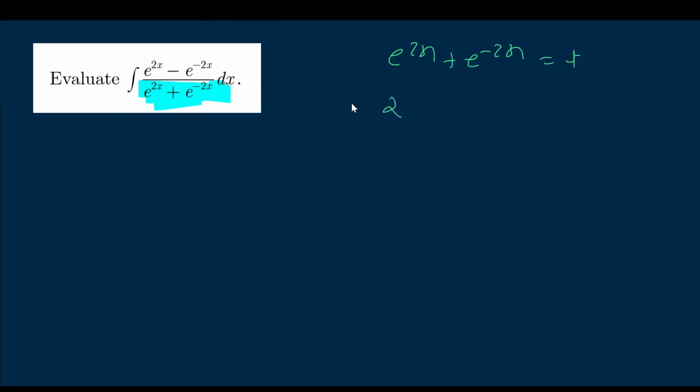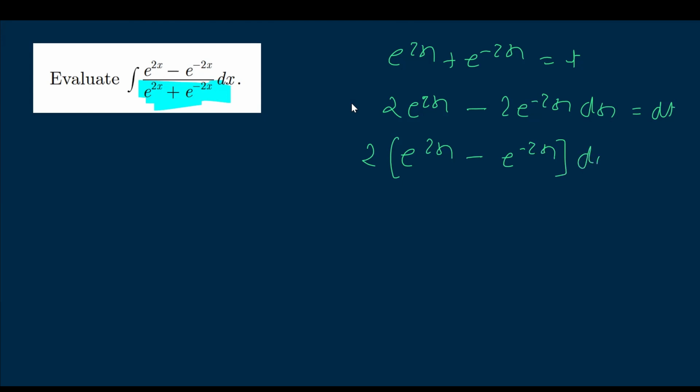Its differentiation is 2 times e raised to the power 2x minus 2 times e raised to the power minus 2x dx, which should give you dt. If I take 2 common, this is e raised to the power 2x minus e raised to the power minus 2x dx is equal to dt.